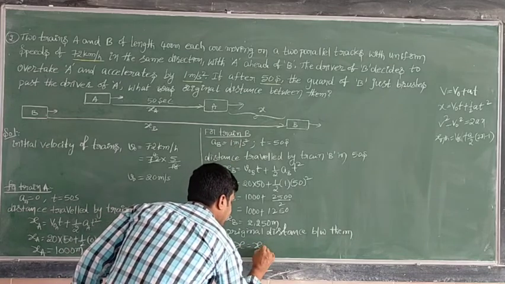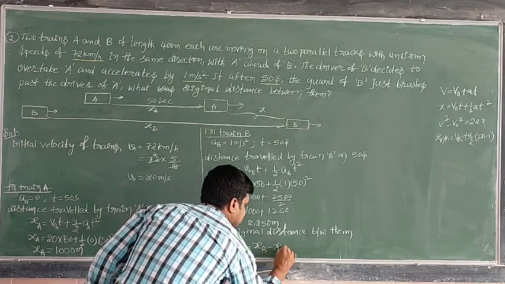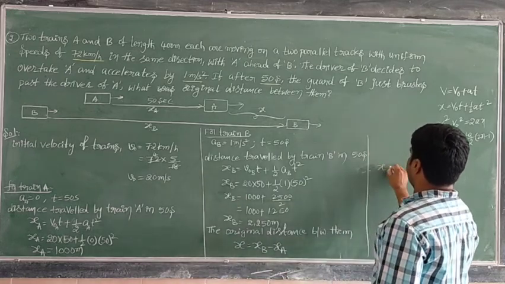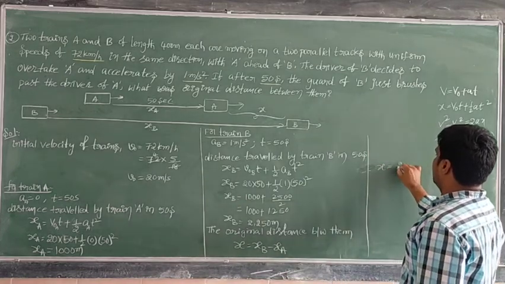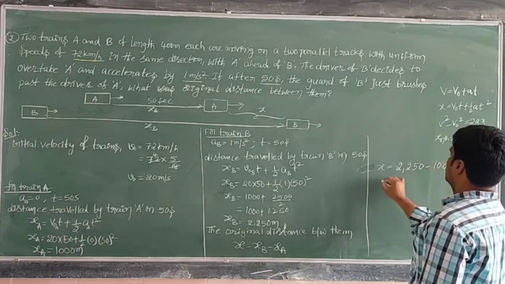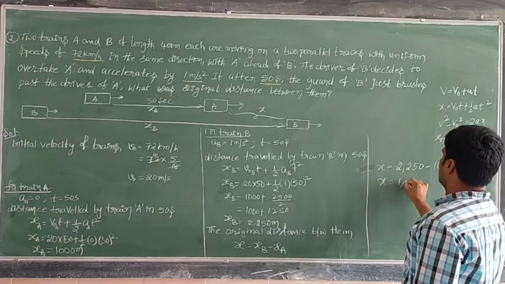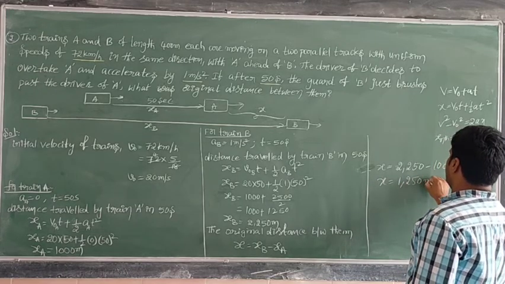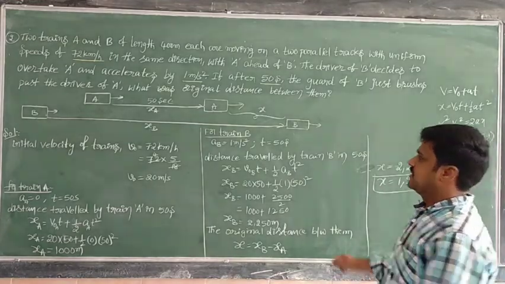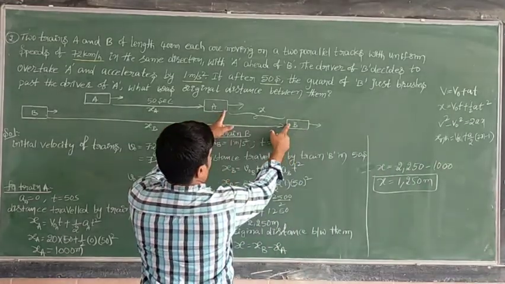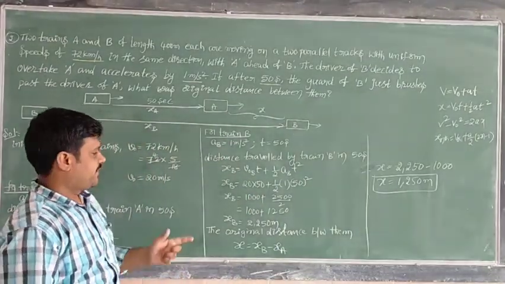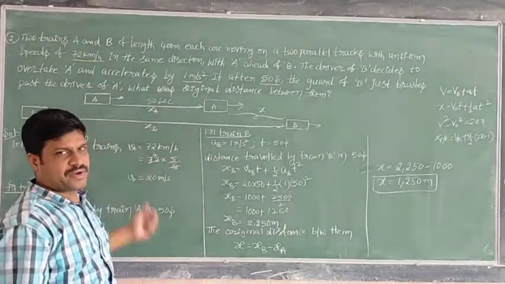X is equal to xb minus xa. X is equal to 2250 minus 1000. So x equals 1250 meters. That means after a time of 50 seconds, the distance between the two trains is 1250 meters. Very, very important problem.